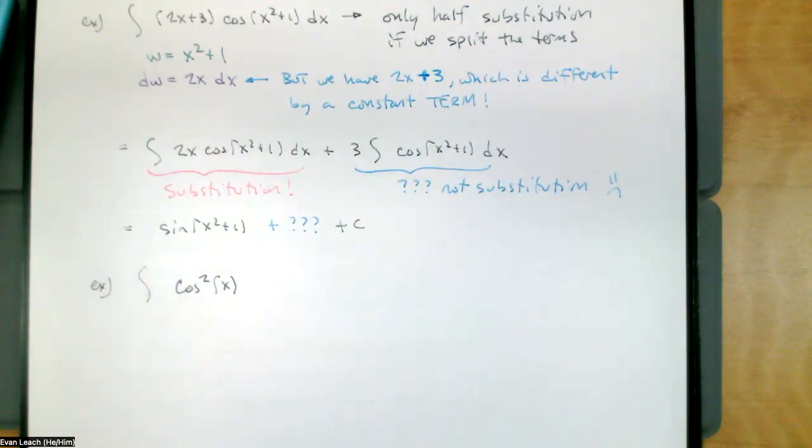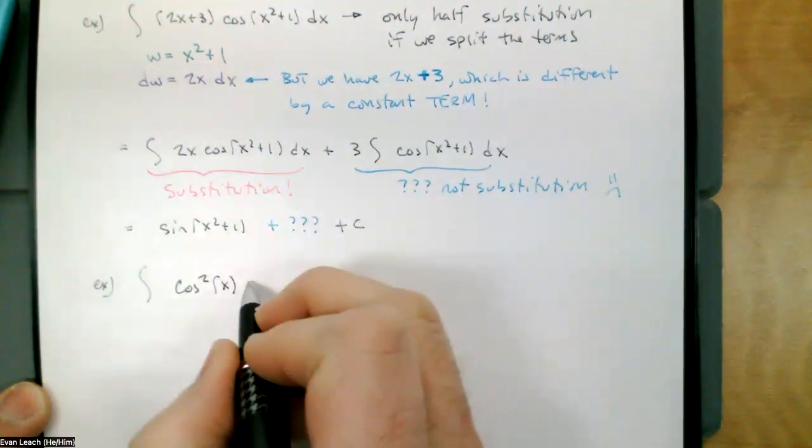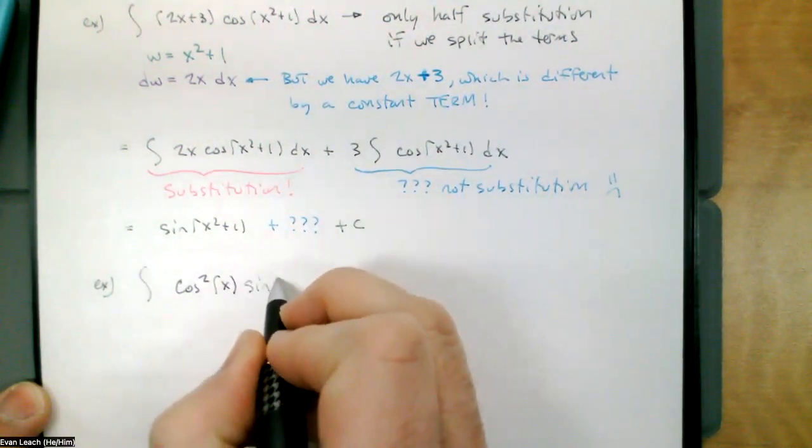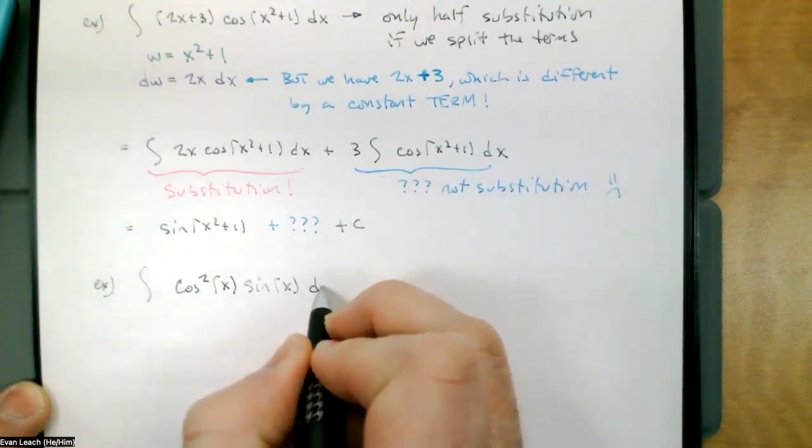I want to make this a substitution problem, and I want cosine to be the inside function. That means I'll need a sine to be the dw. Derivative of cosine is negative sine. I would need a constant multiple of sine of x to be the dw. So let's start off with our nice basic substitution problem.